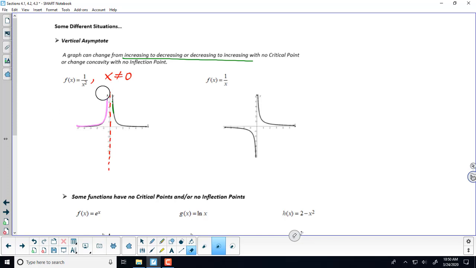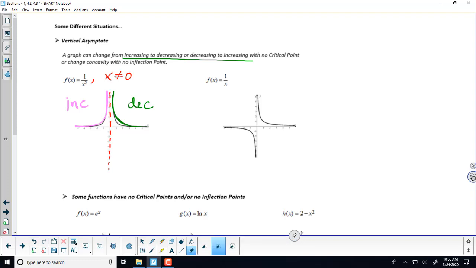Duh. Whoopsie. I was supposed to be doing increasing and decreasing. Hello. Rewind. Here we go. To the left, the function is increasing. To the right, the function is decreasing. So if I did my first derivative test, I could see it would change from increasing to decreasing.